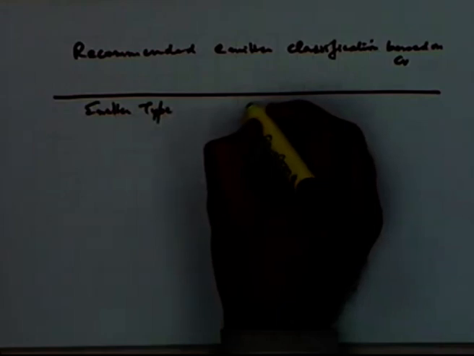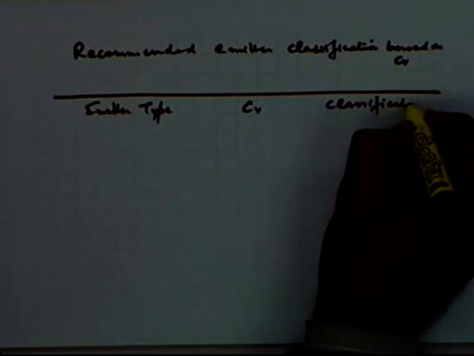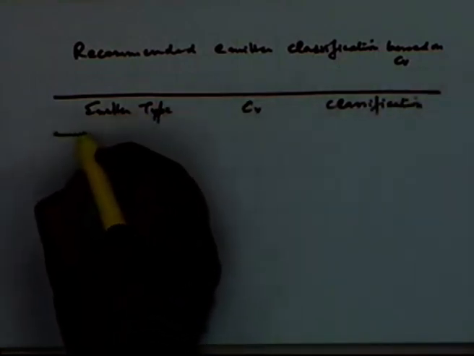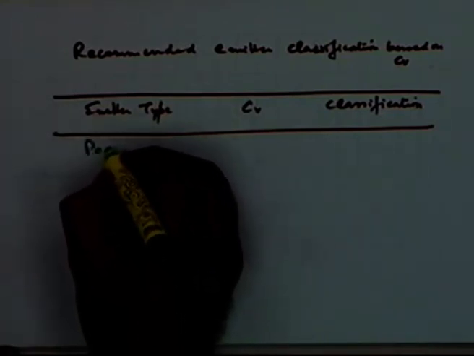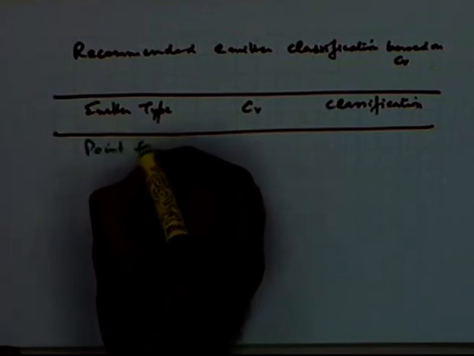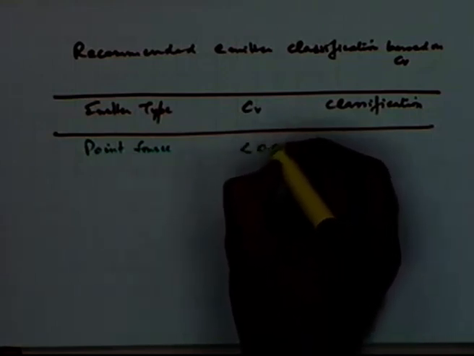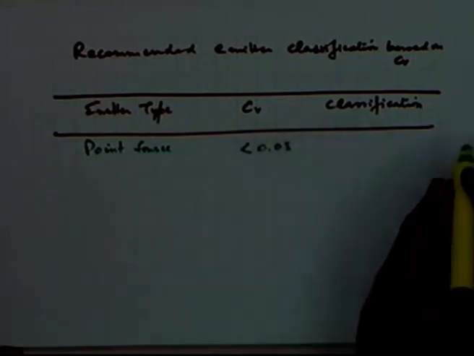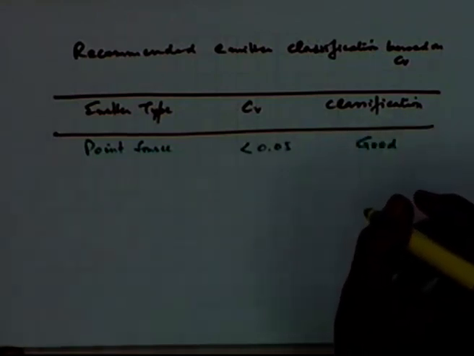So the emitter type, the value of CV, and the classification which has been put in depending on the value of CV. Now, for point source emitters, if the value of CV is less than 0.05, it can be termed as a good emitter.